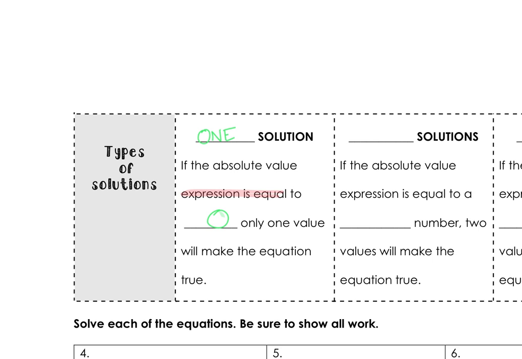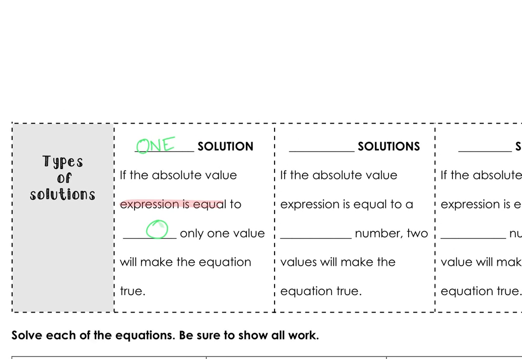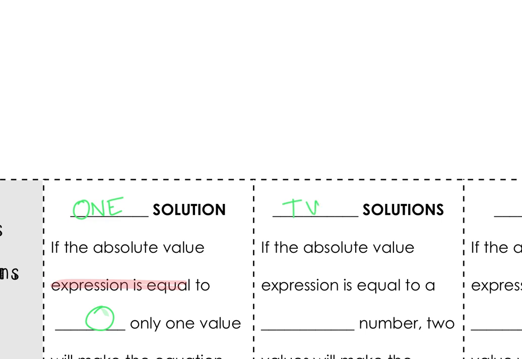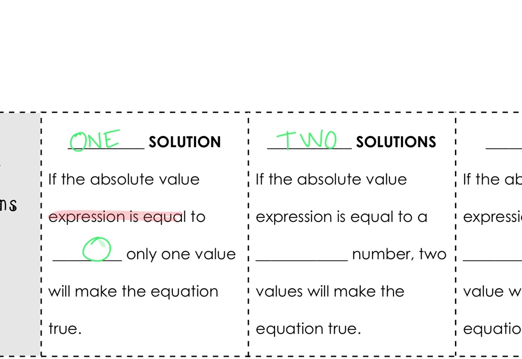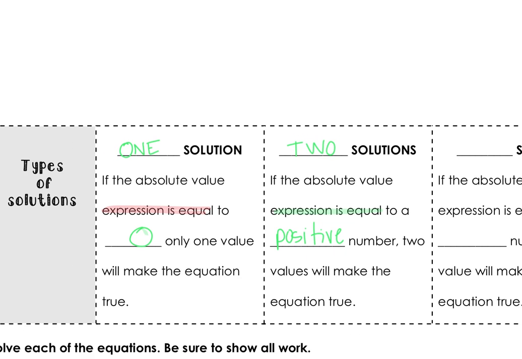We only have 0. So that would be an example where we're only going to have one solution instead of 2. Or we can have, like we've looked at, 2 solutions. And we will see 2 solutions if and only if the absolute value expression is equal to a positive number, which is why we had 2 solutions every time it was equal to a positive number.